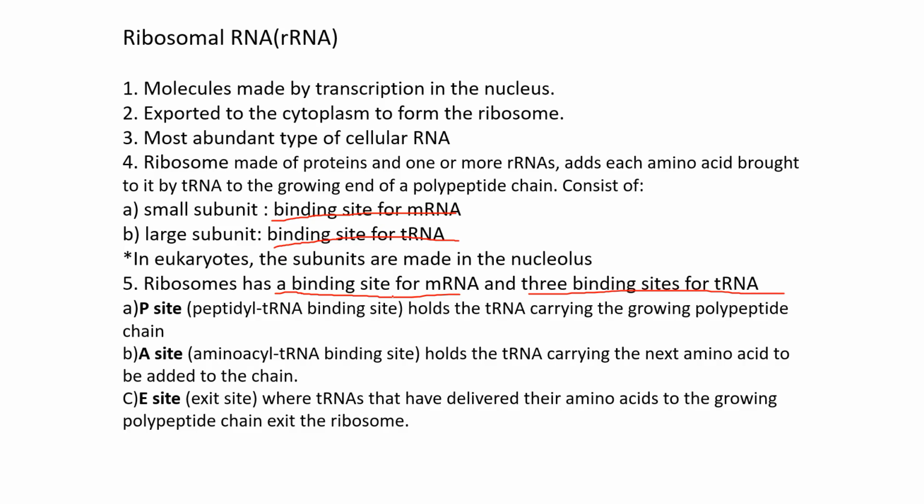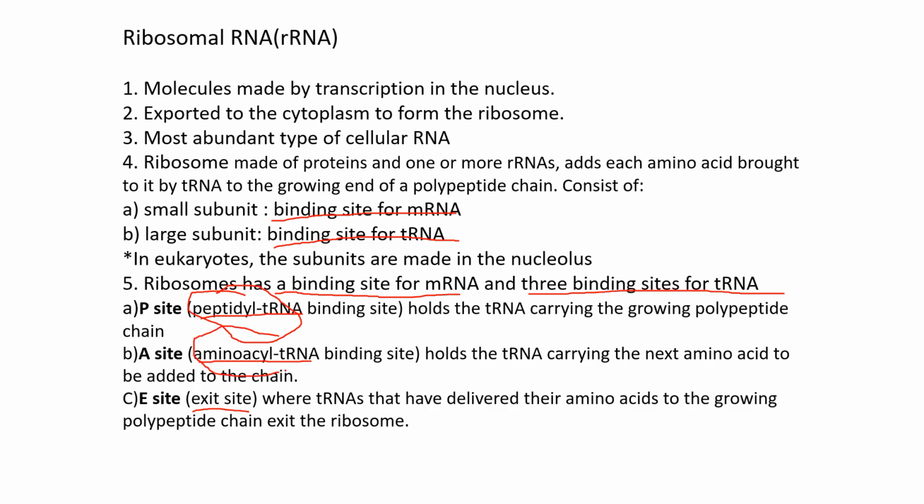The 3 binding sites for tRNA are known as the PAE sites. P site because it's the peptidyl tRNA binding site. A site is the aminoacyl tRNA binding site, and E site is the exit site. Do you need to know these terms? Yes, you do.